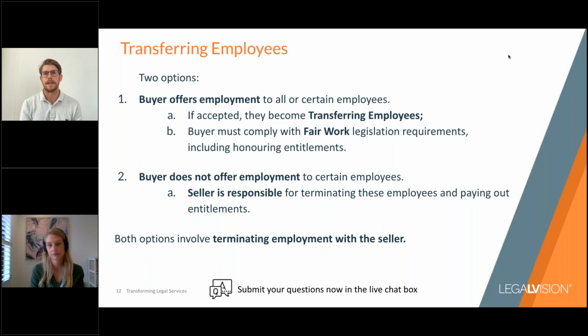Just to go over that again, you're taking on one employee, they've got a certain number of sick days, and because you're going to recognize that going forward, there's going to be a reduction to the purchase price in accordance with a certain percentage of their accrued sick leave.